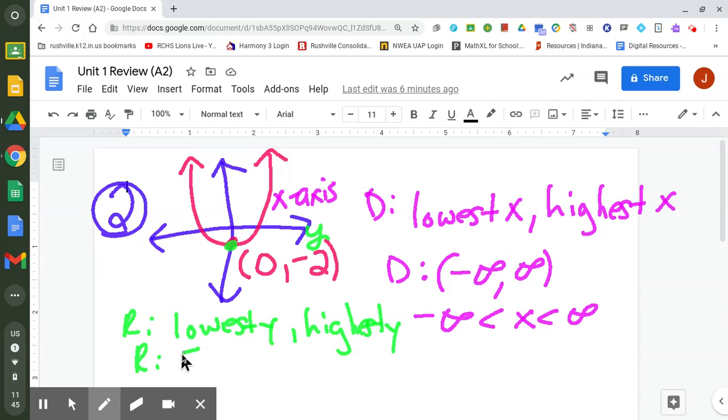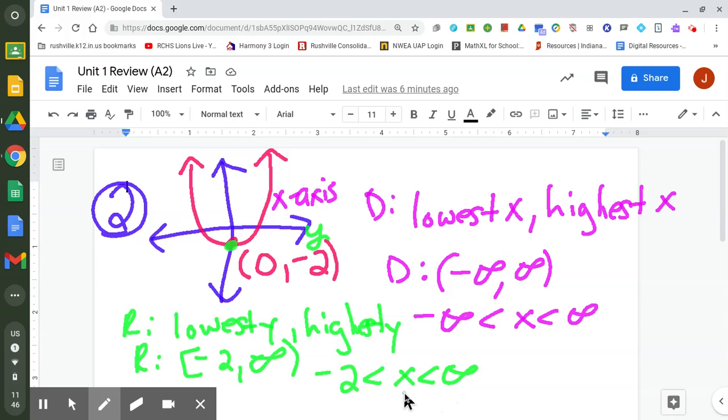So the lowest is -2, and then that graph will go up forever and ever, so +infinity. And on Math Excel, it probably shows something like -2 less than y less than +infinity. So that is domain and range.